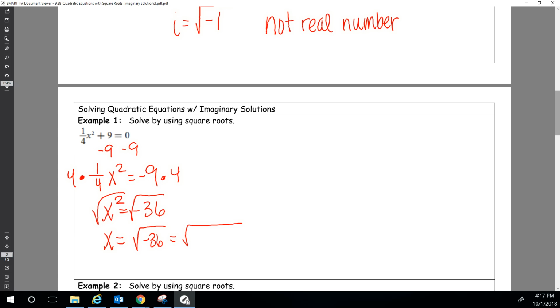Well, negative 36 is negative 1 times 6 times 6. So that'd be 6 times the square root of negative 1. And we said the square root of negative 1 is i. Sorry, this is plus or minus the whole way through. So this would be plus or minus 6i. So this is another graph that does not cross the x-axis. It's got 2 imaginary solutions, no real solutions.